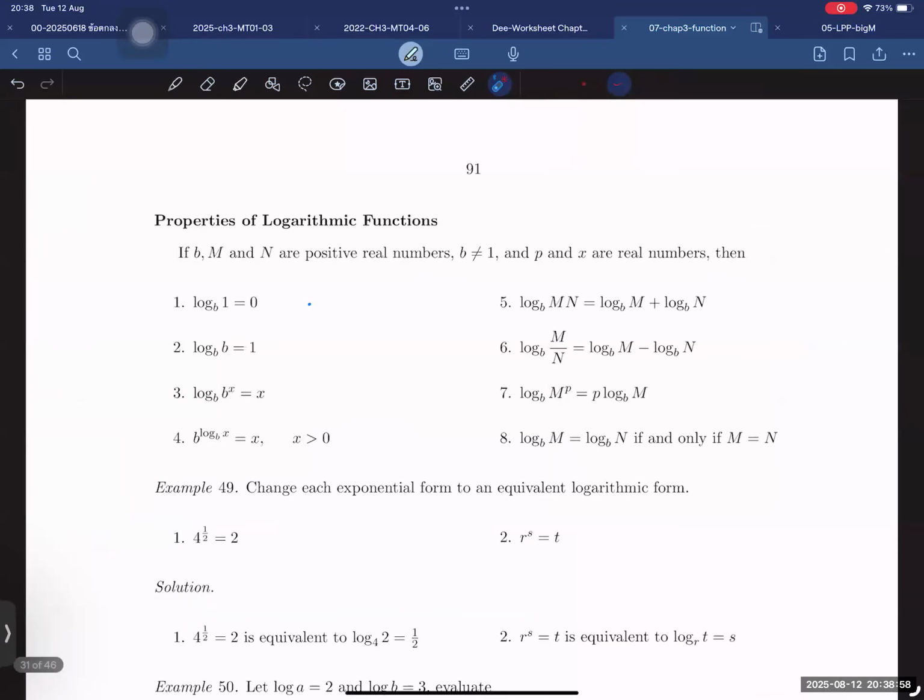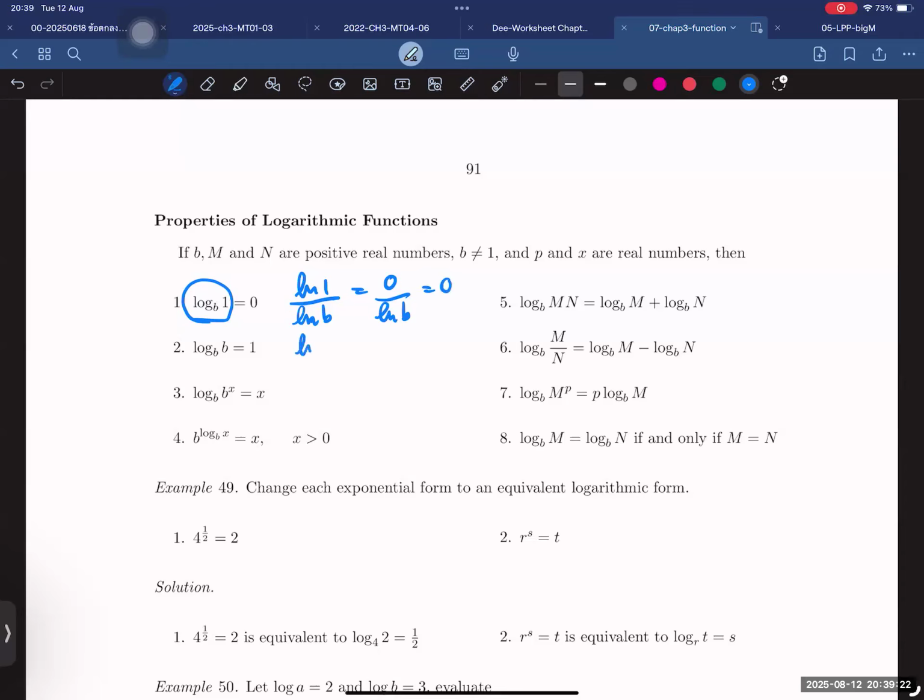All right, let's see. Why does this one equal 0? It's because if I write log of 1 divided by log of b, this is log 1 base b. Because log 1 is 0, and we don't care about log b, 0 divided by log of b is always 0.